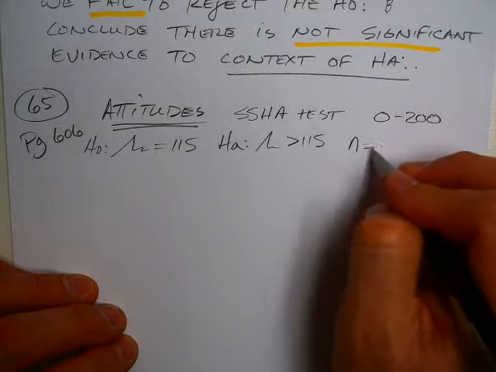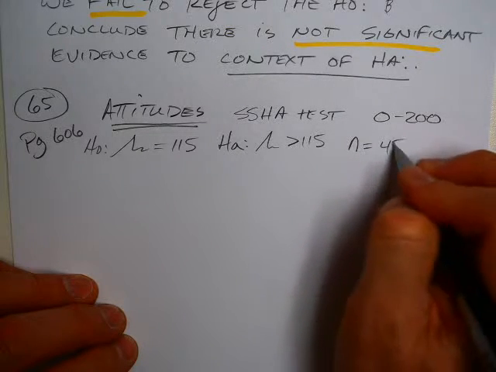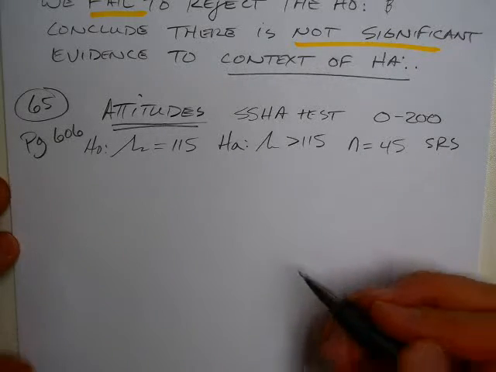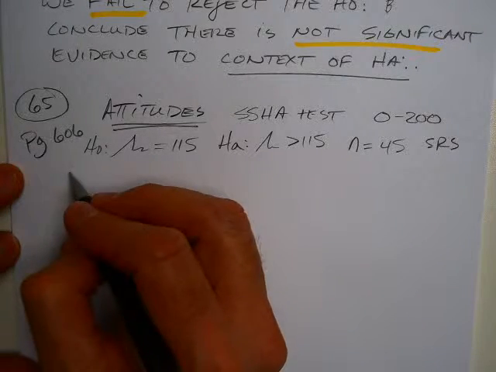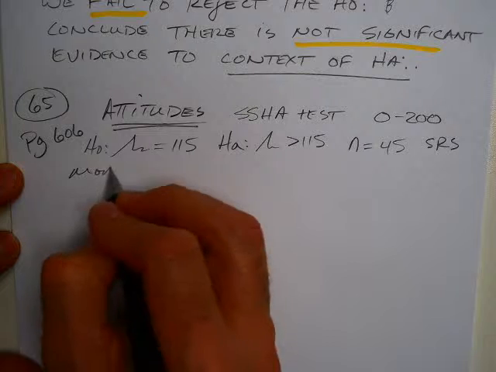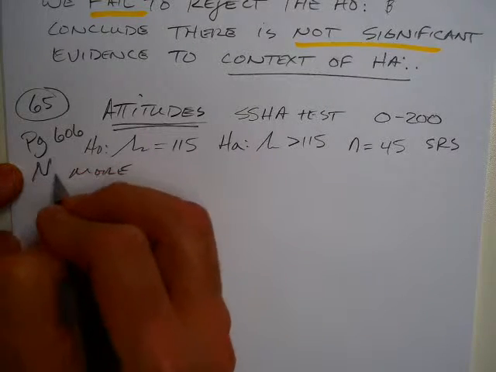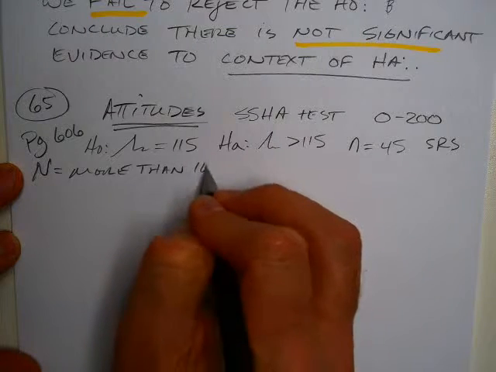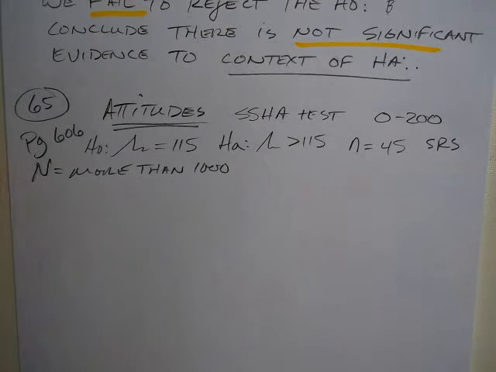And she has an N of 45, it's an SRS, out of more than 1,000, so big N, big N is more than 1,000. Okay?